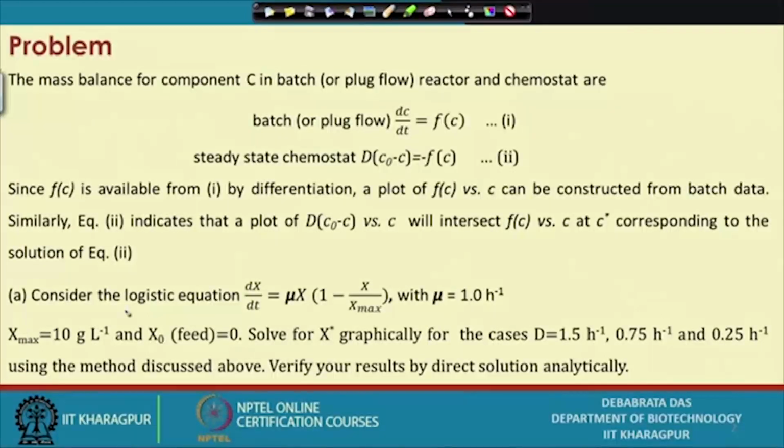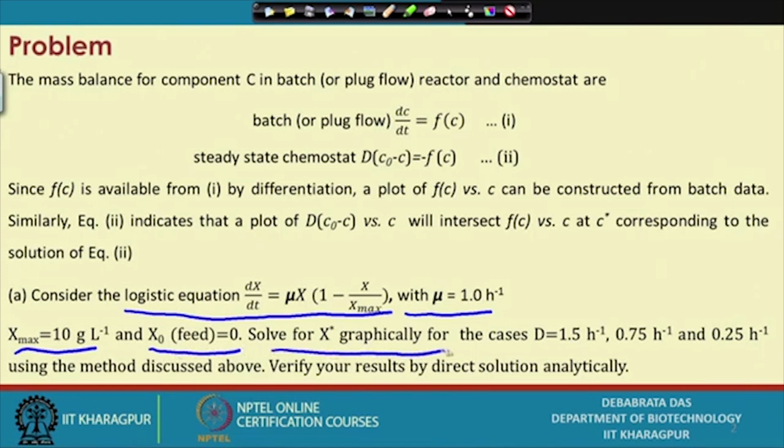Now the problem is: considering the logistic equation dx by dt equals mu x (1 minus x by x max), mu equals 1 per hour, x max is the maximum cell concentration, 10 gram per liter, and x0 in the feed is 0.